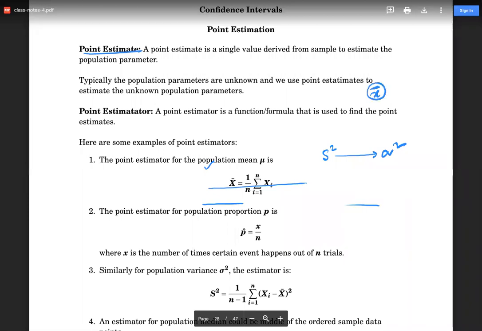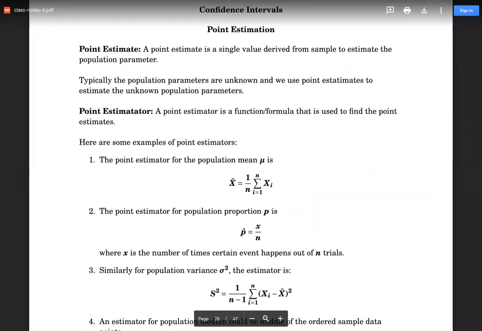From that, you are trying to approximate the population average mu. When you're finding the sample proportion or percentage, from that, you're trying to approximate the population proportion P. If you're finding S squared, the sample variance, from that, you're trying to approximate the population variance.